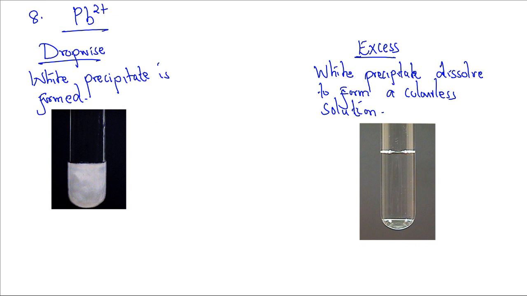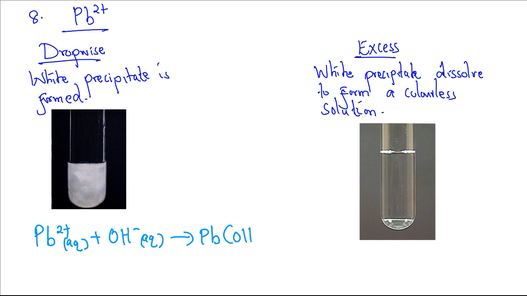So the reactions are as follows: lead ion reacts with hydroxyl ion to form lead II hydroxide, which is the white precipitate.